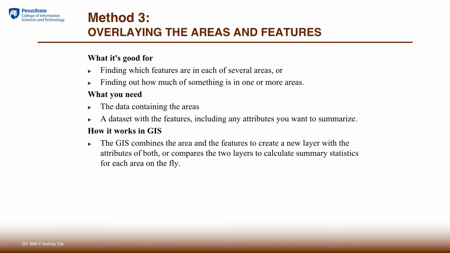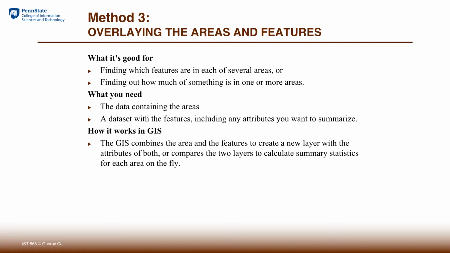The third method is doing geometric overlay of areal features. In this case, we need to handle the situation where the target feature overlaps partially with the source feature, and we only want to take into account the part of that feature that is inside. In this case, we have to manipulate the geometry.